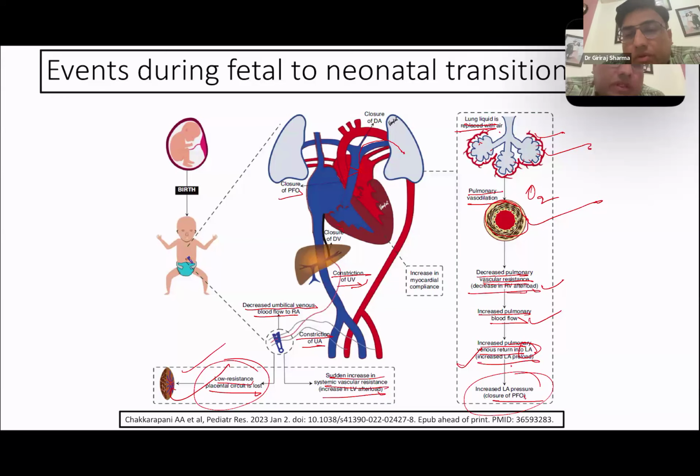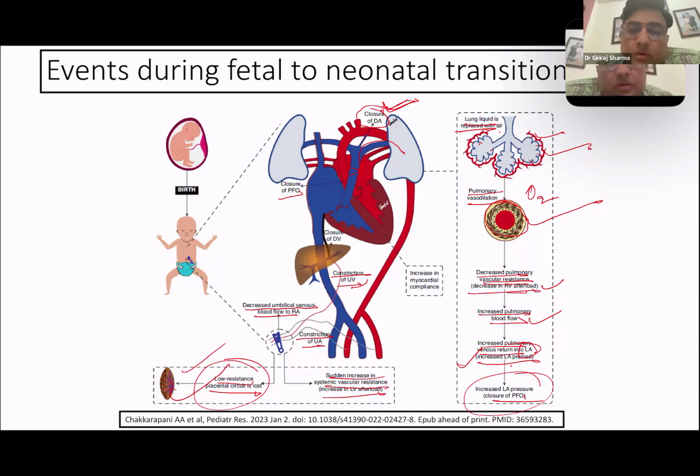The foramen ovale is also closed after birth, and the ductus arteriosus will also close after exposure to oxygenation. Increased oxygenation in the blood causes constriction and closure of the ductus arteriosus.